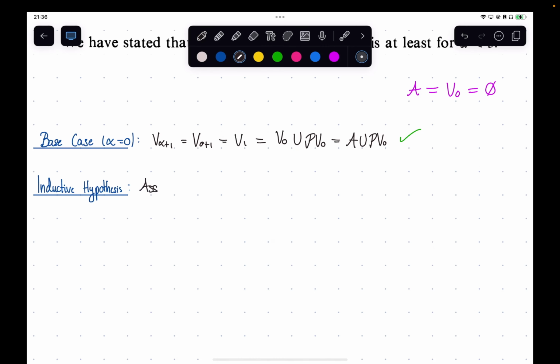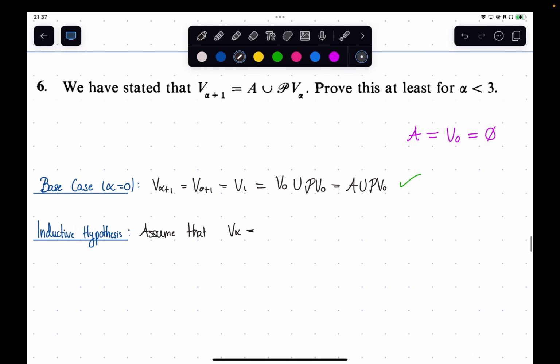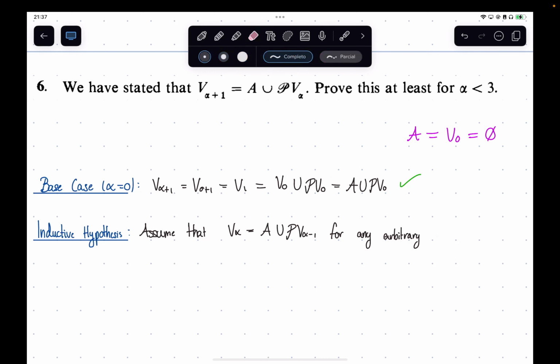We're going to assume that V sub alpha is equal to A union power set of V sub alpha minus 1, because we're taking this right here, but with one less, for any arbitrary alpha greater than or equal to 0.